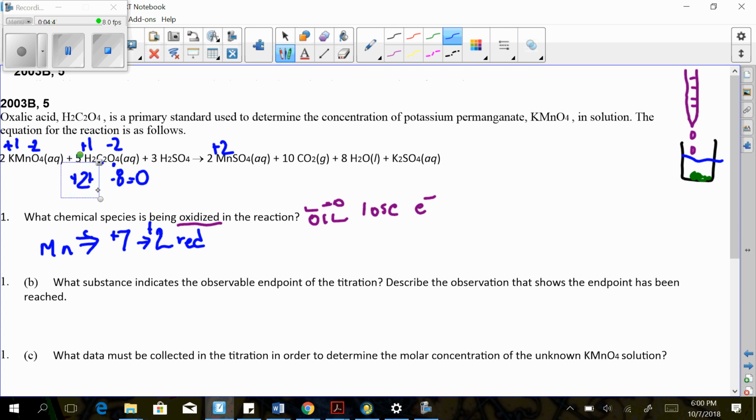And I don't know what the carbon is, but I know I have 2 of them. So I have 2 carbons. If we figure out what the carbon is, based on the other 2 that we have rules about, we will figure out that our carbon has a +3 oxidation number.